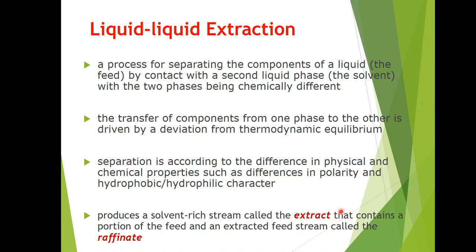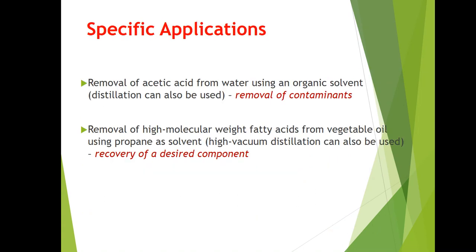The raffinate is the waste stream, or the byproduct, which we're not really interested in because the component, or a majority of the component in the feed, is not on it. It's actually on the extract.